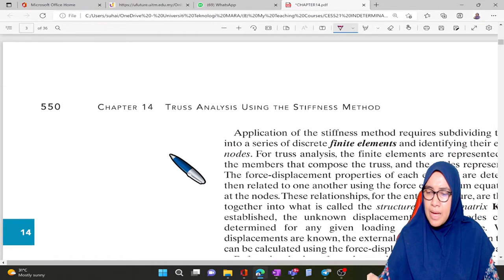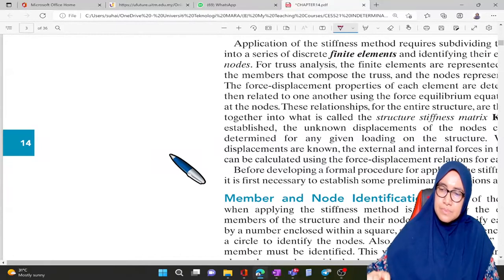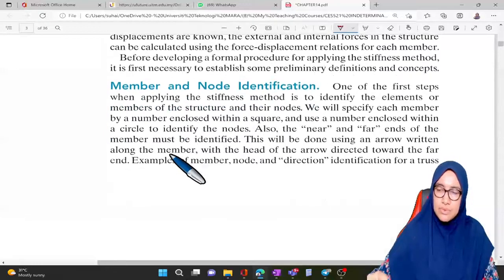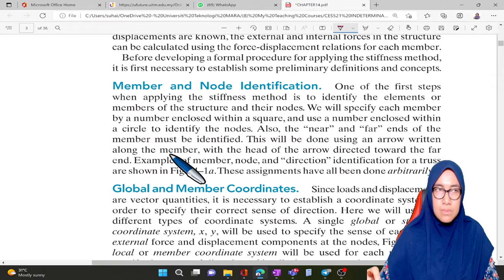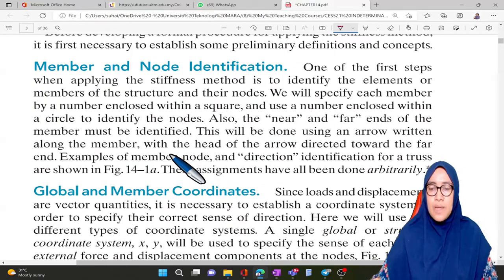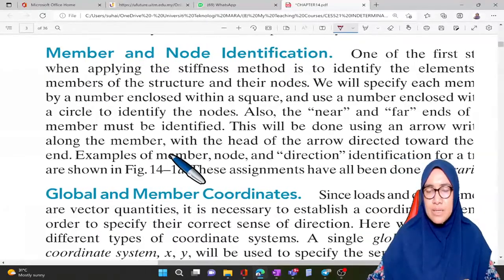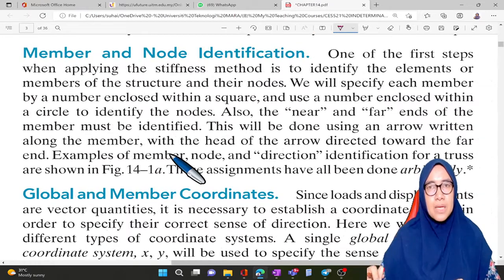So what I want to highlight is this one in the textbook: member and node identification.